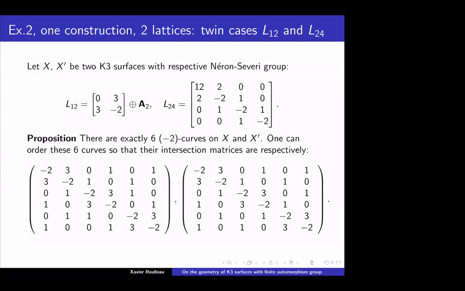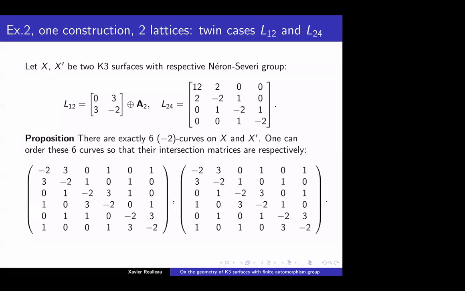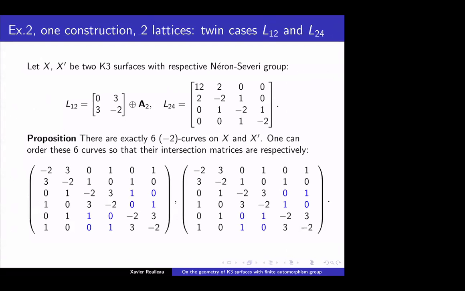And the proposition is that there are exactly 6 minus 2 curves on X and X prime, and you can label these curves such that their intersection matrices are these 2 matrices. It's a bit difficult to see what the differences in these lattices are, but the differences are here. You see that the 1 and 0 are exchanged.